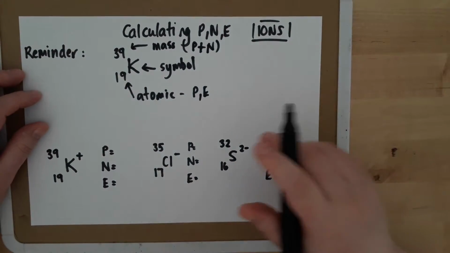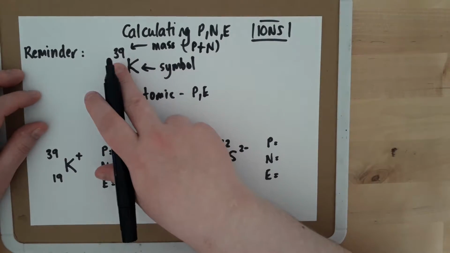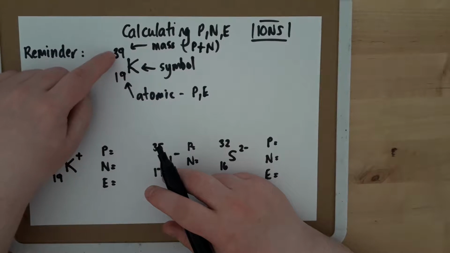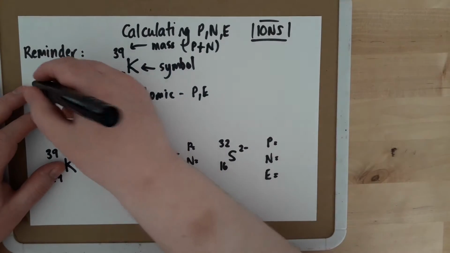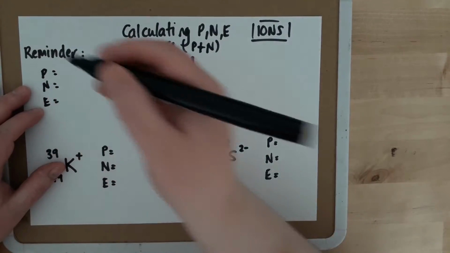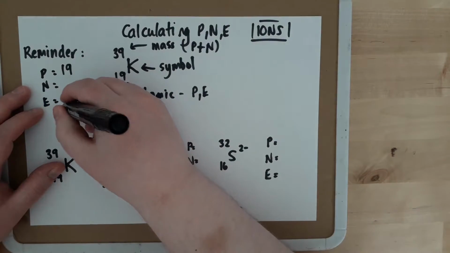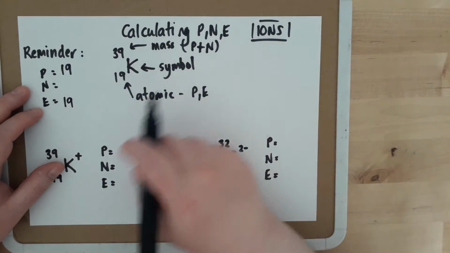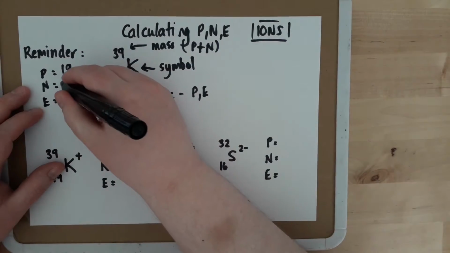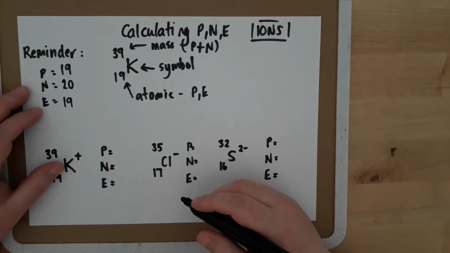The number of protons and electrons is the same as the atomic number, and we work out the number of neutrons by taking the atomic number away from the mass number. So for example in this one, the protons would be 19, the electrons would be 19. They're both the same as the atomic number, and the neutrons is the mass number take away the atomic number, so that's 39 take away 19, which is just 20.